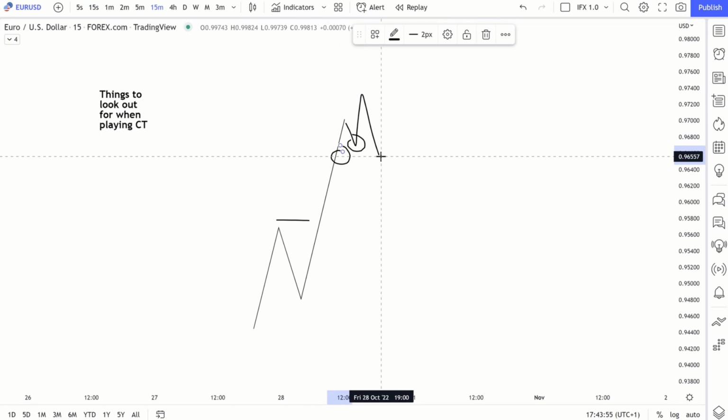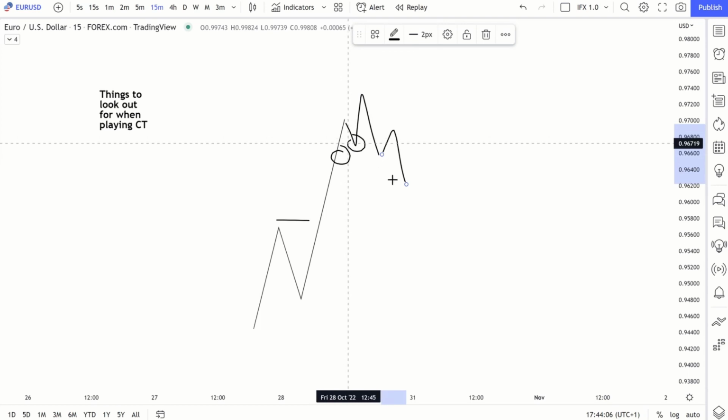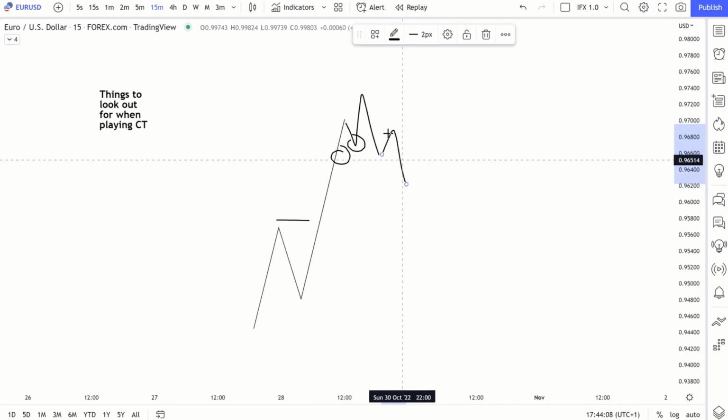On top of that, if we start to see multiple levels of demand start to fail, that's a very good confluence that supply is back in control. In this instance, we've seen multiple levels of demand start to fail. At that point, we can confidently say that supply is back in control, and then look to really stack up those confluences.